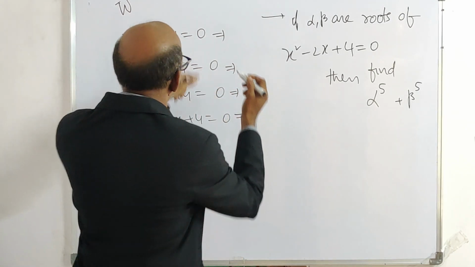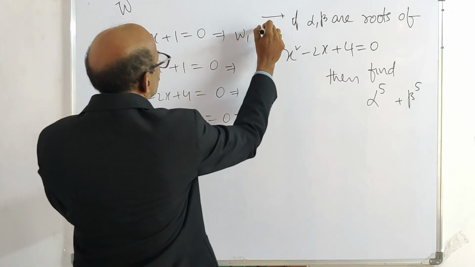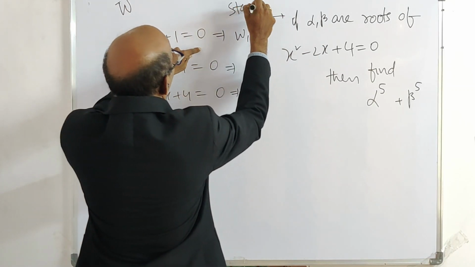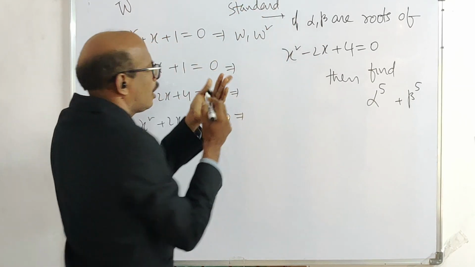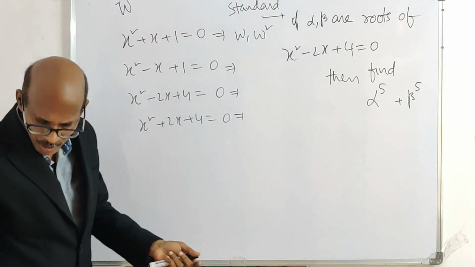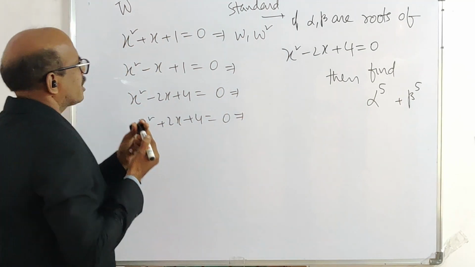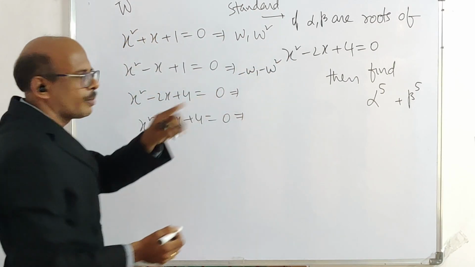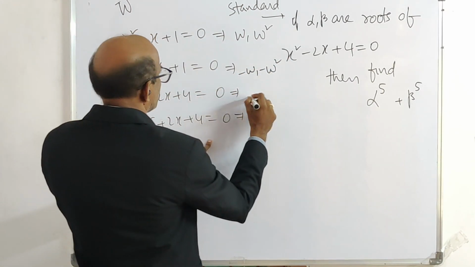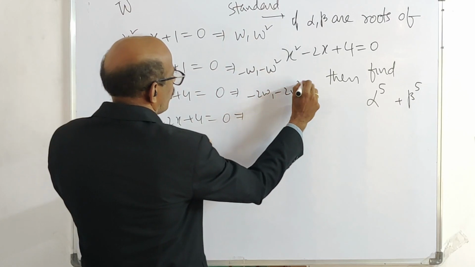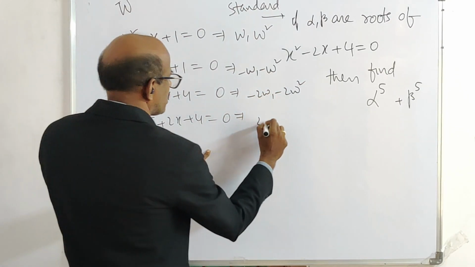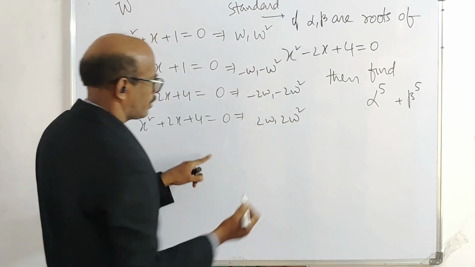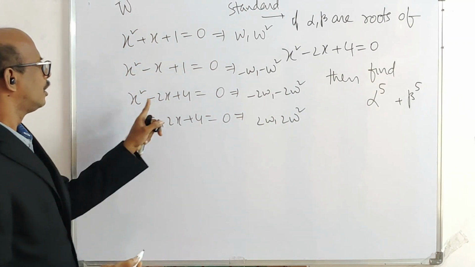If you get the roots, no doubt, the standard results link with omega square. So here omega square for that, and for this minus omega square. For this it will be minus 2 omega square, and for this it will be 2 omega square. I think you got my point.